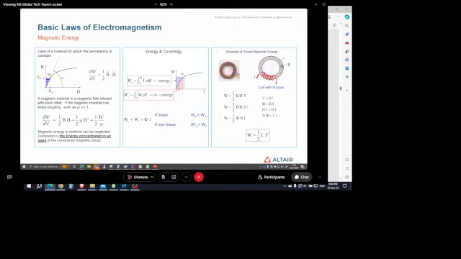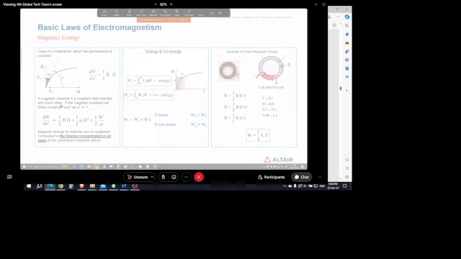So when you have a given material and you supply it with magnetic field, so you have a winding and you supply it by current and you produce a magnetic field, then there is a magnetic energy stored here. And this is magnetic energy, and actually we are going to see that this is only a part of the curve.